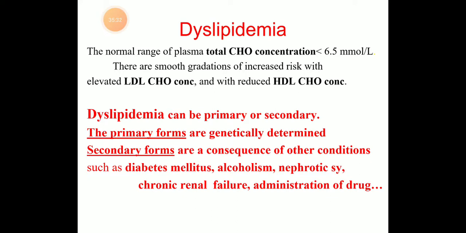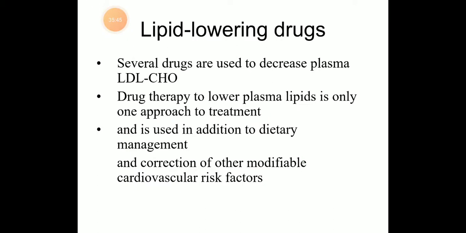Secondary forms are basically the consequence of other conditions like diabetes mellitus, alcoholism, nephrotic syndrome, chronic renal failure, and administration of other drugs which may promote hyperlipidemia. So, other than diet modification, exercise, and lifestyle modification, sometimes the cholesterol level is such that one has to go for drug therapy or pharmacological therapy, where you have to use some lipid lowering drugs.